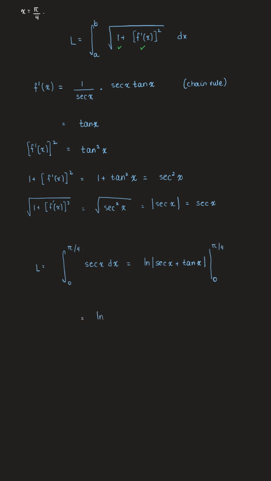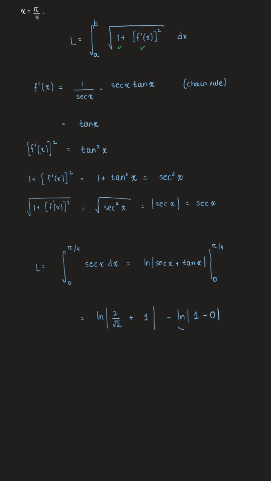When we substitute in pi over 4 into secant, that will be 2 over the square root of 2, or the reciprocal of cosine, plus tangent of pi over 4, which is 1, minus the natural log of secant of 0, which is 1, since cosine of 0 is 1, plus tangent of 0, which is 0.